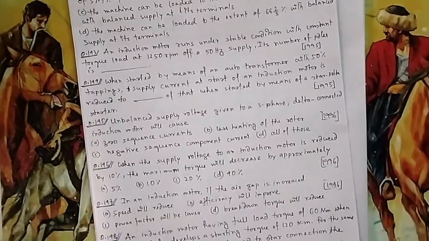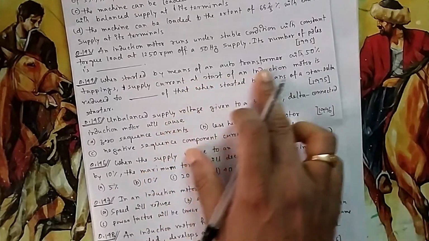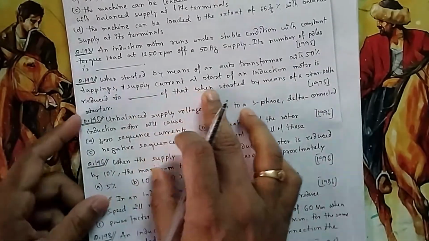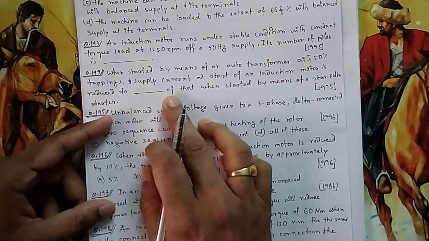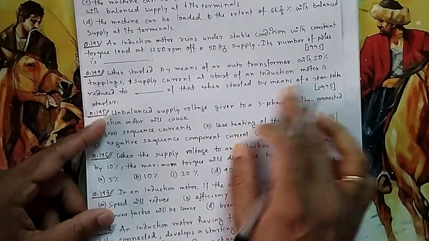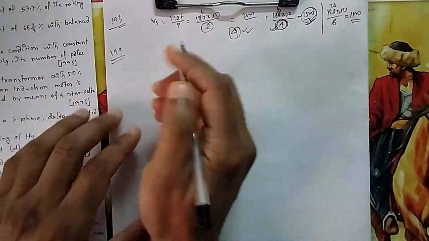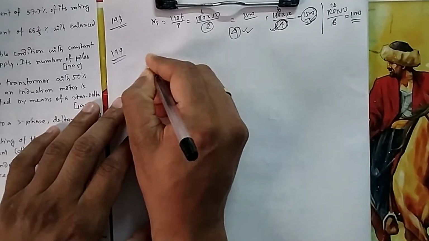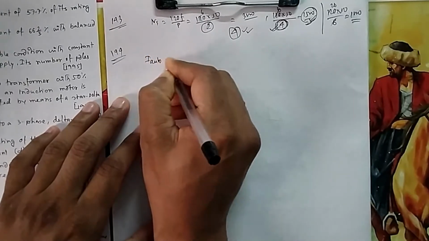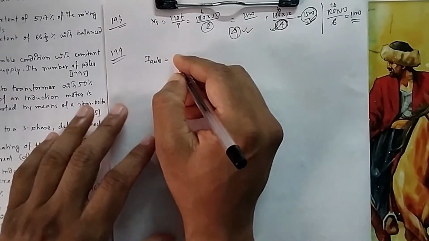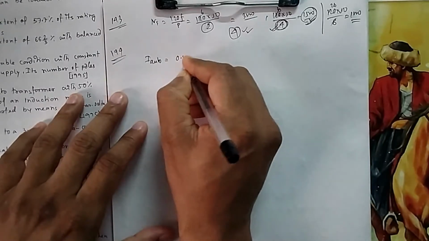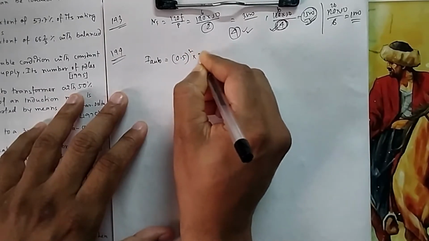Next, question number 144: when started by means of an auto transformer with 50% tapping, the supply current at the start of the induction motor is reduced to that of when started by means of a star delta starter. Now I am not going to explain that starter, but I think you know all these formulas. If I am using an auto transformer with 50% tapping, the supply current is 0.5 squared of your starting current.